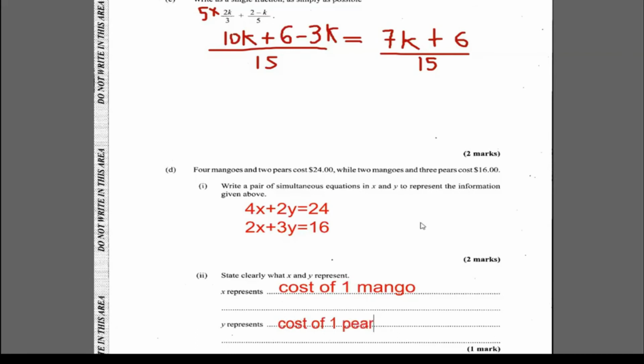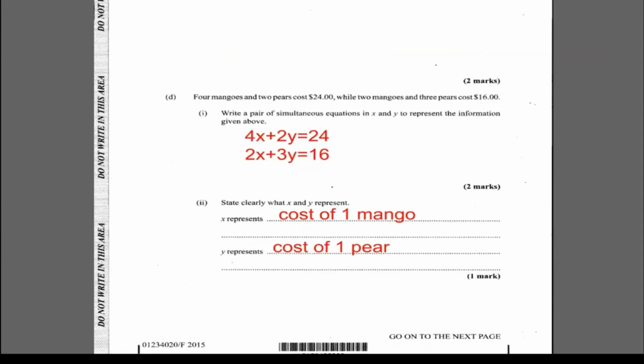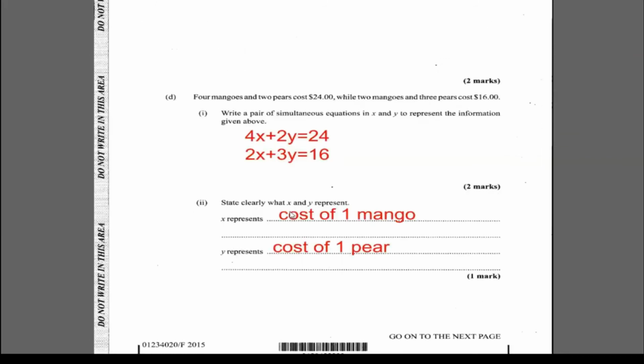Next, it would ask us to work out x and y, but it didn't ask to work out x and y. Even though it didn't ask, let us just do it, just for the sake of doing mathematics.